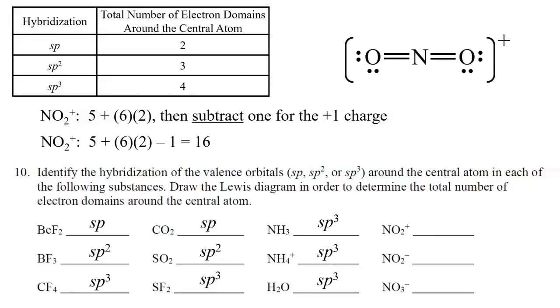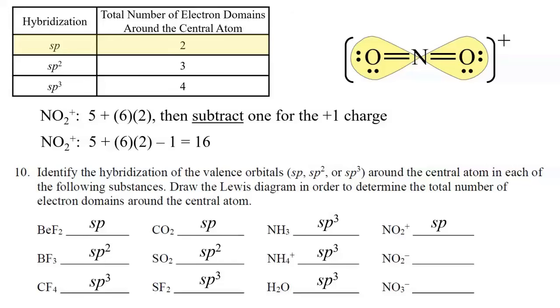Therefore, this Lewis diagram looks very similar to the Lewis diagram for carbon dioxide. Remember that a double bond still counts as 1 electron domain. So we have no lone pairs on the central atom. 2 electron domains would correspond to a hybridization of sp for the central nitrogen atom.